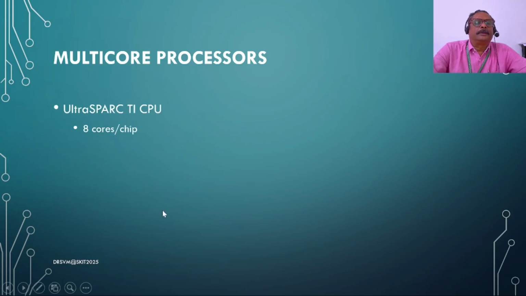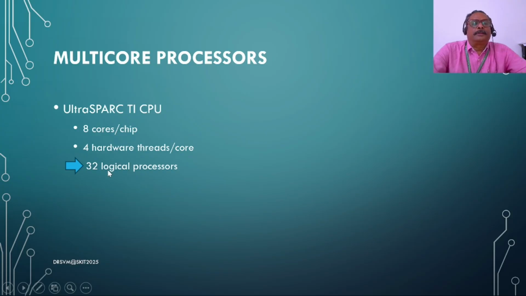If we take an example, the UltraSPARC T1 CPU has 8 cores per chip, and each core can have 4 hardware threads. So 8 cores per chip, and each core can have 4 hardware threads. That means from the outside world's perspective, this UltraSPARC T1 processor is equivalent to 32 logical processors.